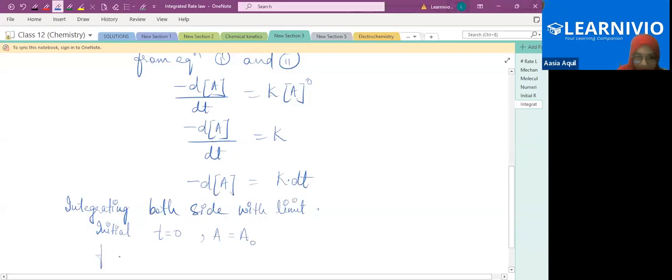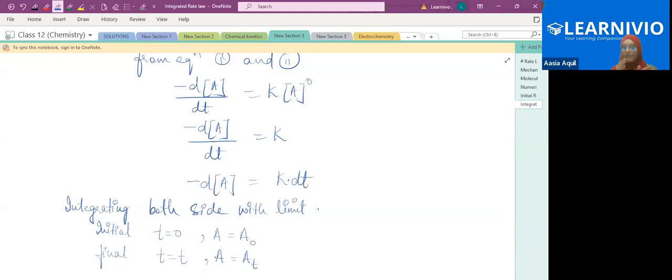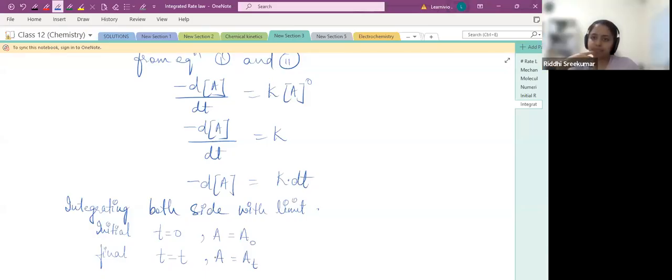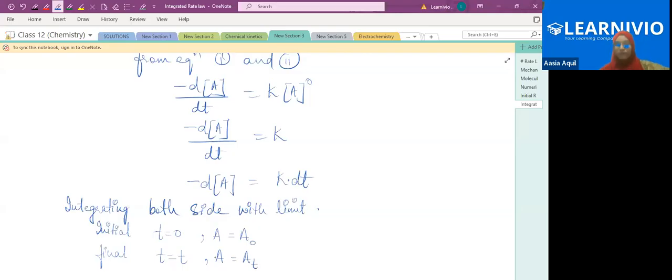Now the final, when t is equal to t, the concentration of A becomes At, and At is the remaining concentration. Because we know that when time increases, the reactant concentration decreases, since it is being used up, consumed in the reaction.